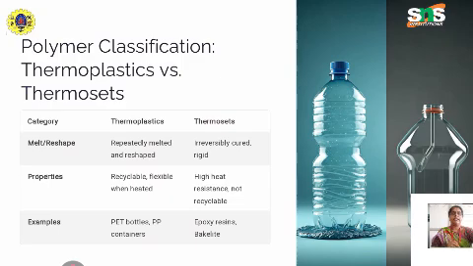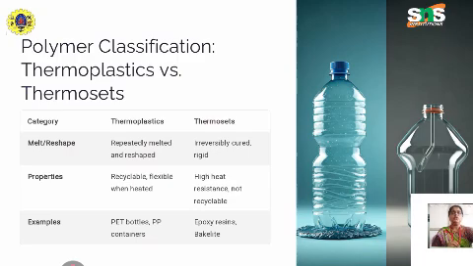Thermoplastics repeatedly melt and can be reshaped. So when a material is made up of thermoplastic, you can remelt the material and make it into a desired product. Thermosets are irreversibly cured, that is, they are rigid.